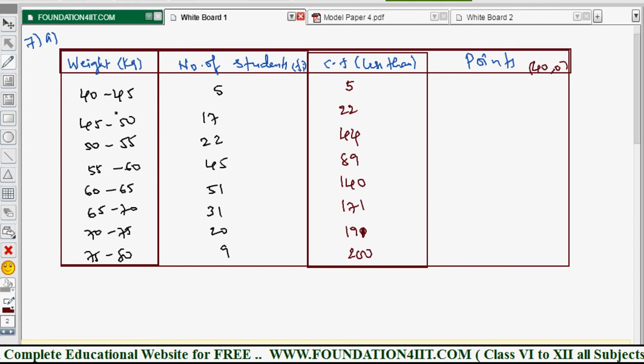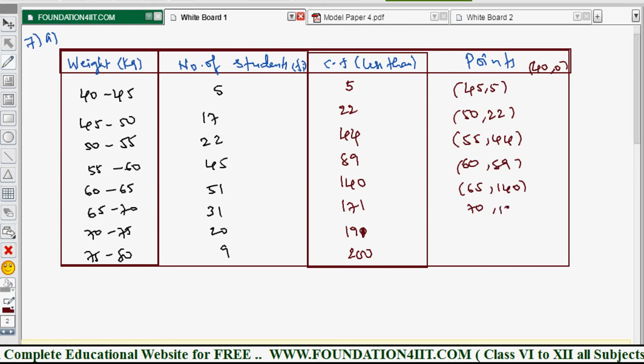Next, 45 is an upper limit, so from the upper limits you take the cumulative frequency: 45 comma 5, 50 comma 22, 55 comma 44, 60 comma 89, 65 comma 140, 70 comma 171, 75 comma 191, 80 comma 200.